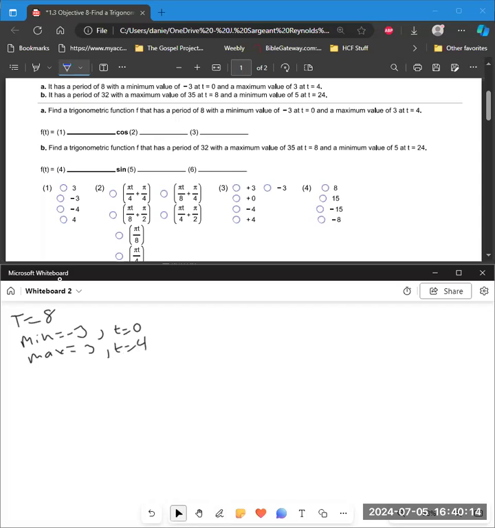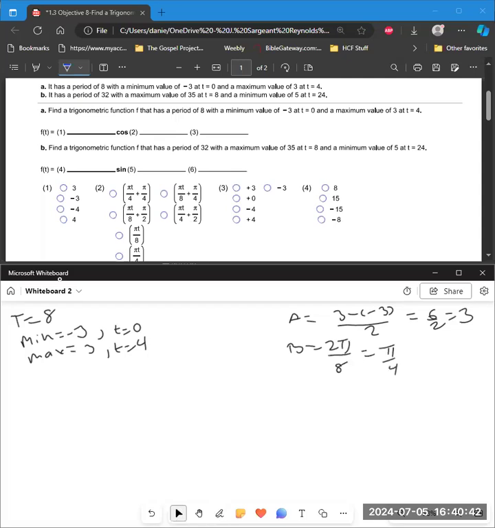So let's go ahead and solve for A equals max minus min over 2. 6 over 2 is 3. B is 2 pi over 8, which is pi over 4.